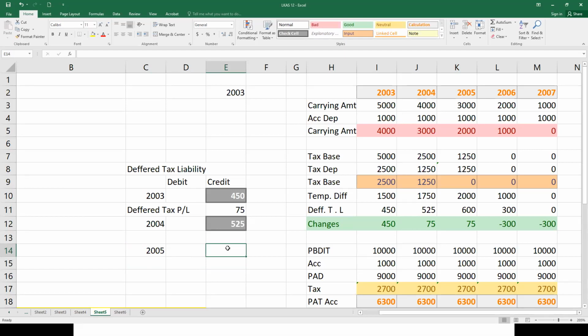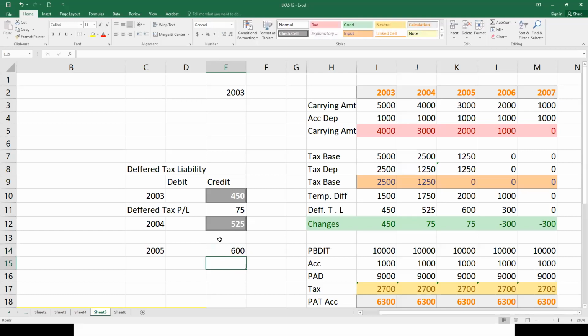Any answers? In 2005, the temporary difference is 2,000 and the tax rate is 30%, and therefore it should be 600, isn't it? It should be 600.